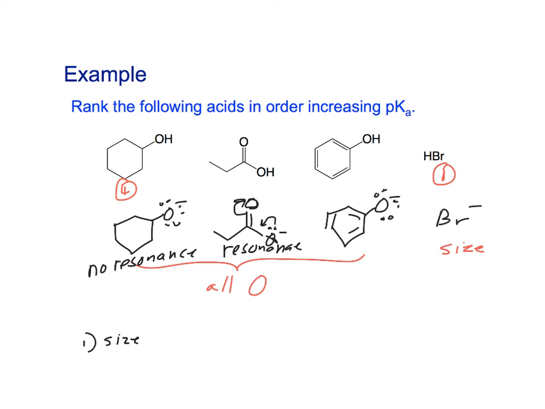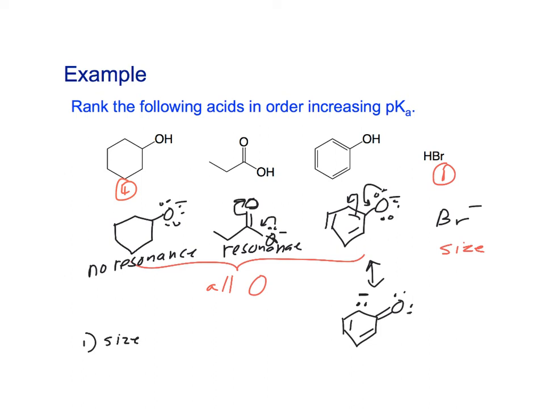So these electrons can go down here, and these can go over to here. Let's draw out our resonance structure. We push these electrons over here, so we have this other resonance structure. So we have 2 that have resonance.